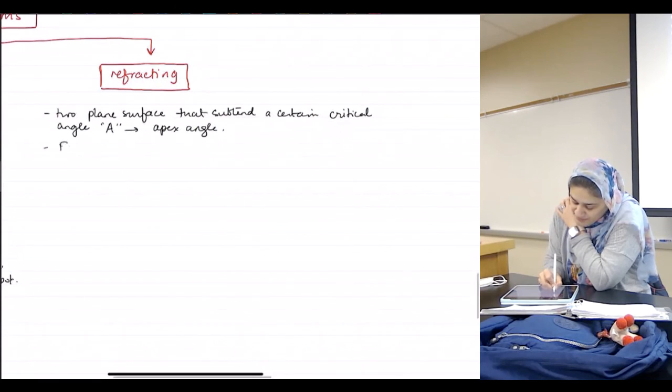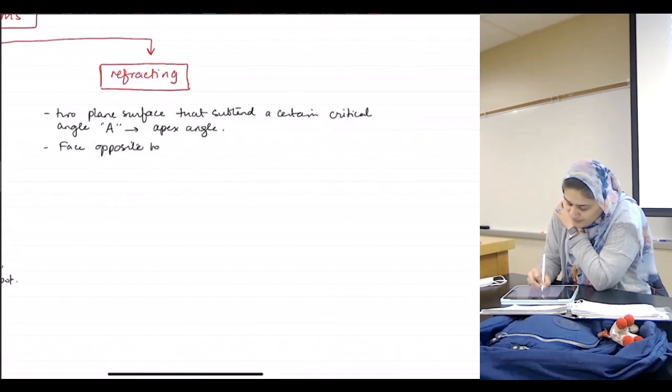The face opposite to apex is called the base.